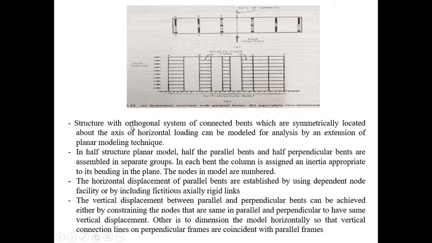Now suppose the structure is with an orthogonal system of connected bends. They will be symmetrically located about the axis of horizontal loading and they can be modeled for analysis by the extension of the planar modeling technique. Here also, along the axis of symmetry, it will be cut, so the half planar model will be there with half the parallel bends. Here the parallel bends and the perpendicular bends will be grouped separately.